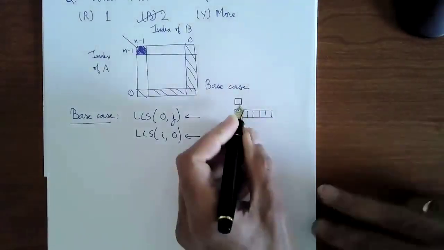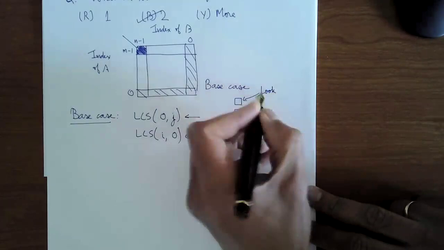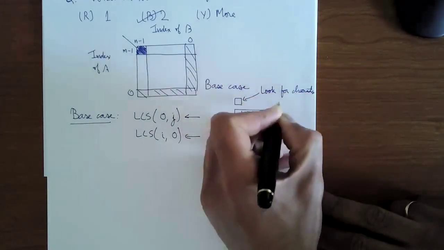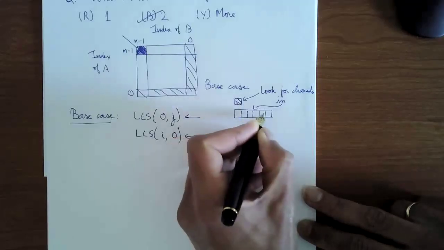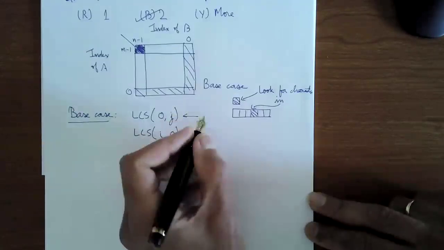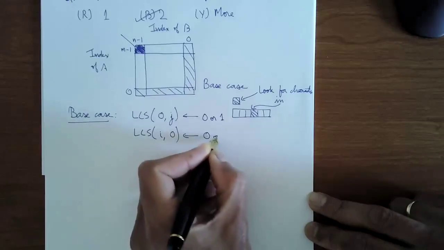You loop through the string and see if it matches the single character. Exactly. All you do is look for the character in here. You look whether this character is present anywhere, and if it is, the LCS is 1, otherwise it's 0.